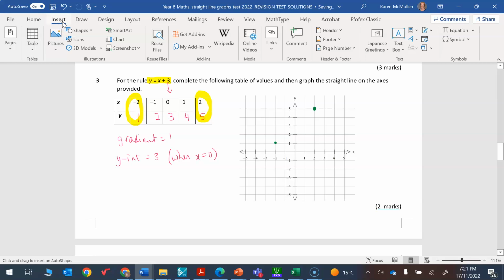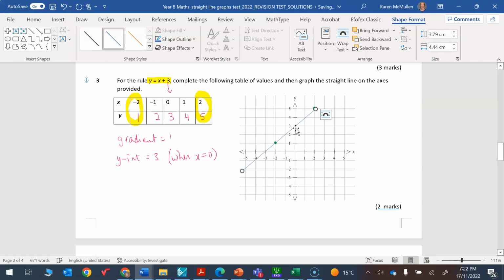Just make sure I get the right line. Okay, so going through those 2 points like so. It's probably a bit easier for me to do on the computer than with a ruler, but just try to be as accurate as you can. And I'm going to make that line a bit thicker.